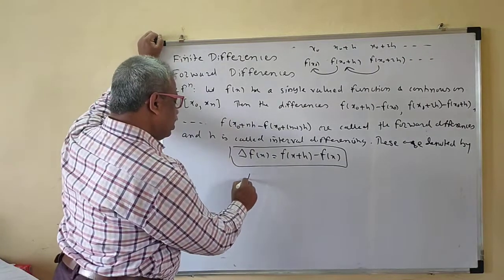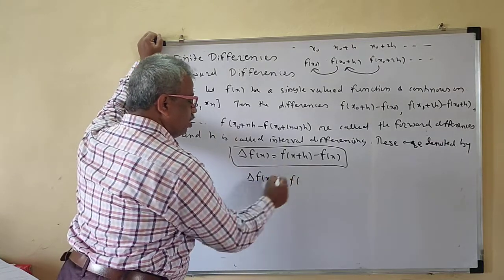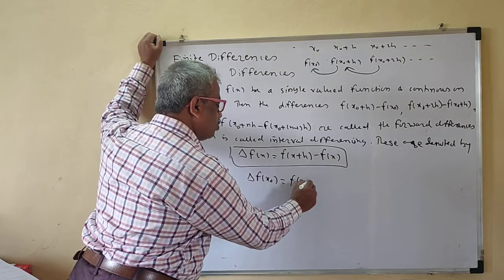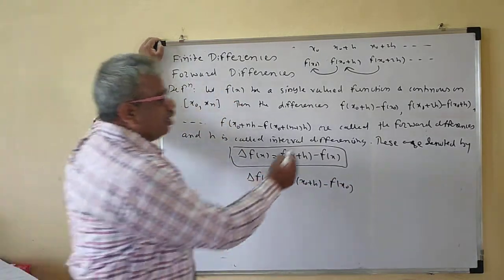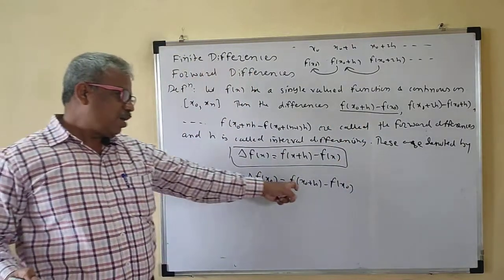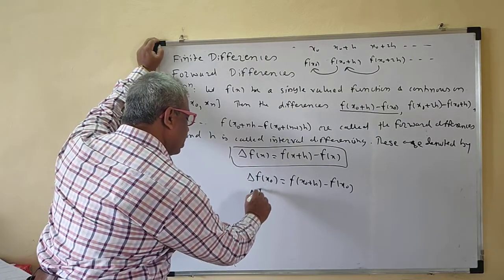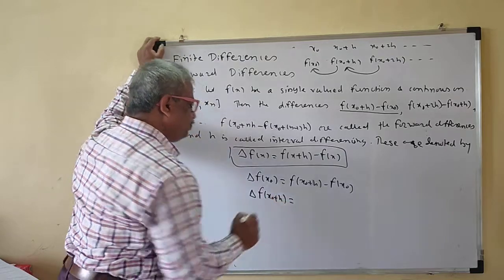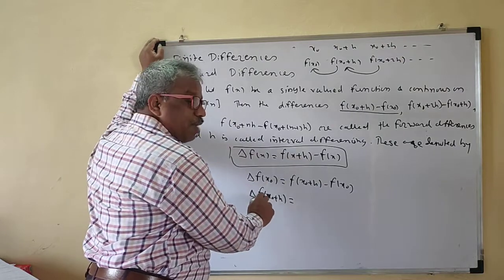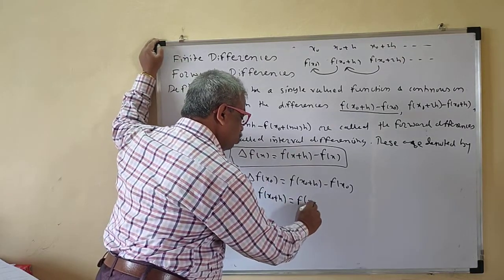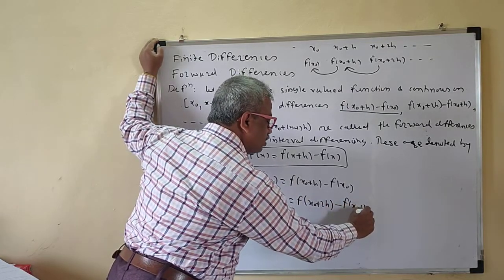So delta f of x naught is f of x naught plus h minus f of x naught. Similarly, delta f of x naught plus h is f of x naught plus twice h minus f of x naught plus h, where you add h to the first one and subtract the function as it is.